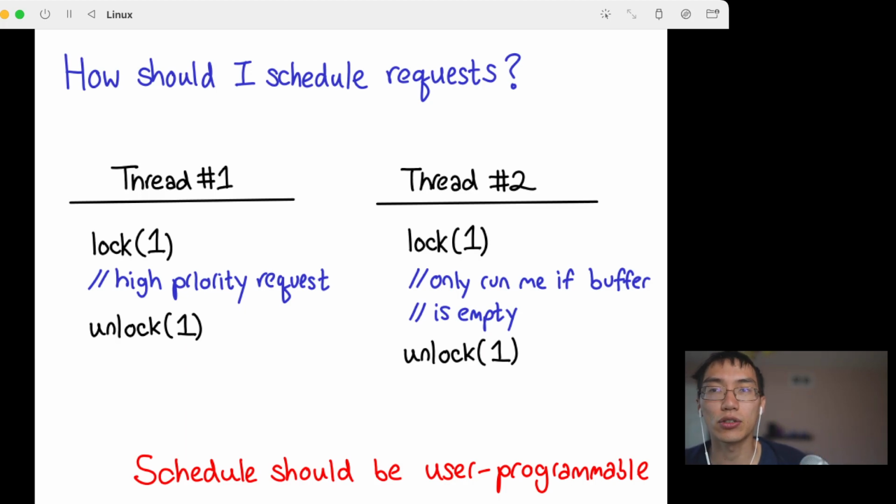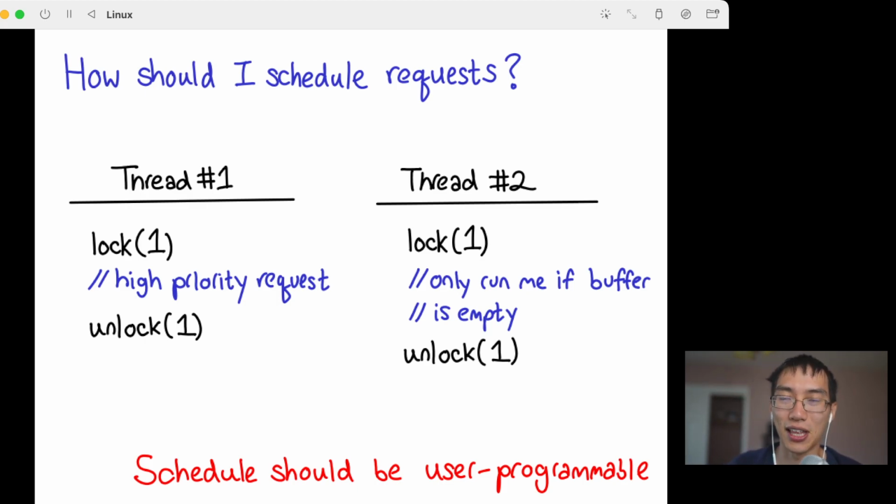If the thread is trying to read out some data, it might want to say something like, well, don't let me into the critical region until you actually have some data, because otherwise I will just uselessly get into the region and be like, there's nothing to do, and then get out of the region again, and thrash your CPU in the process.